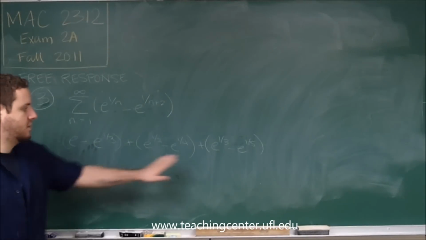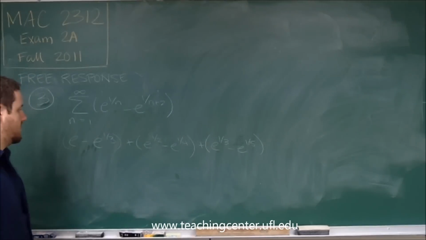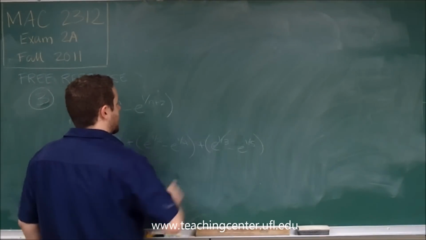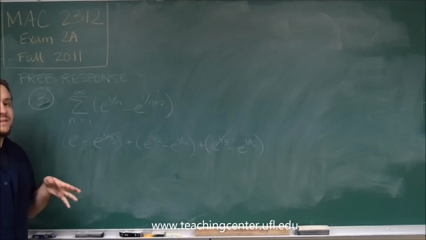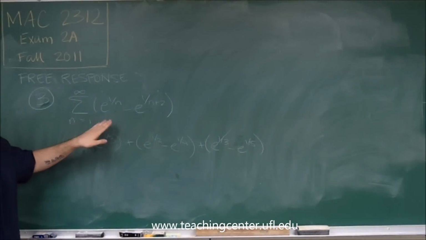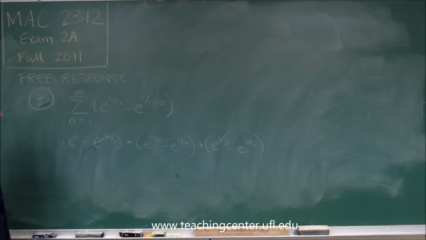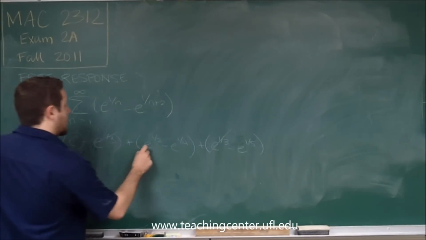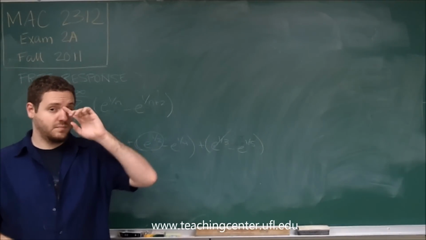We have a negative e to the 1/3 and a positive e to the 1/3. Those are going to cancel out. Similarly, all the terms are going to cancel except for 2 that don't, e and e to the 1/2. So these are kept. Everything else is going to start canceling out.